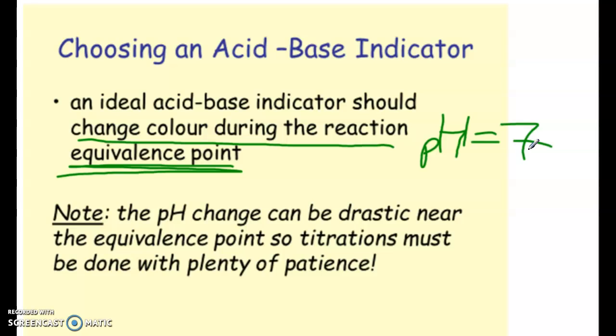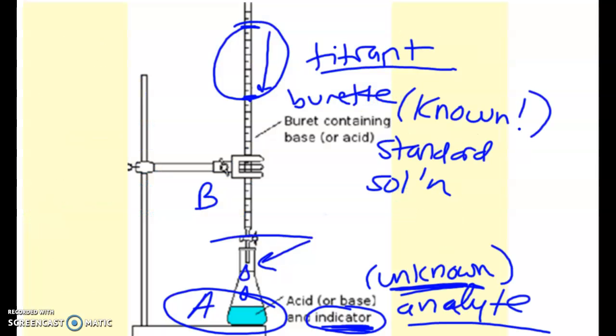So the pH change, just so you know, obviously this year we can't do the lab physically, but if next year in grade 12 we are able to do the labs, just so you know, when you're doing titrations, you need a lot of patience. This here, as I was mentioning, is literally drop by drop.